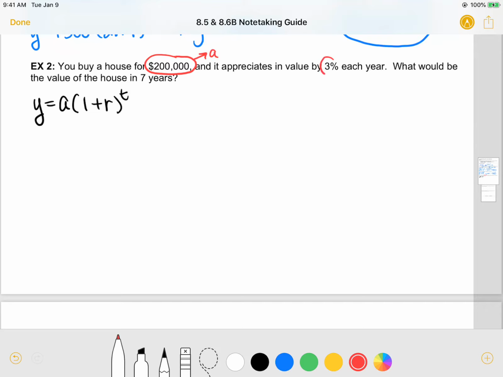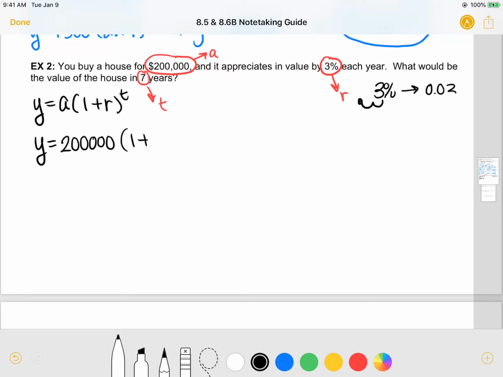Our interest rate is 3%, so that is r, and we want to know how much our house is going to be worth after 7 years. So we have t there. So let's plug everything in. y is equal to 200,000 times 1 plus, let's see, 3% as a decimal is going to be 0.03.